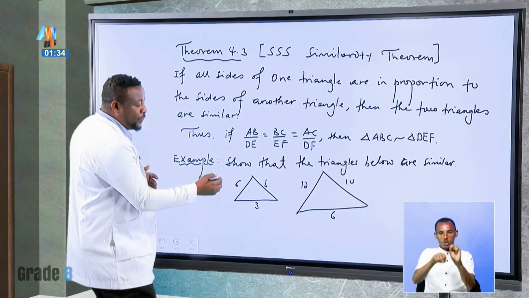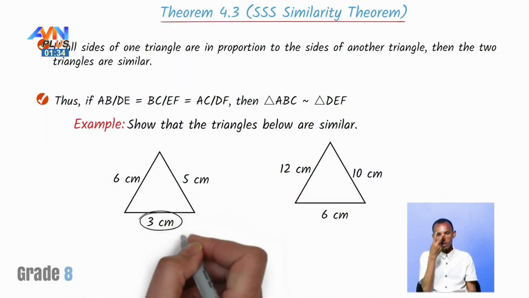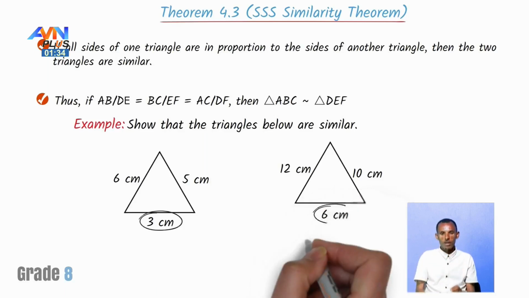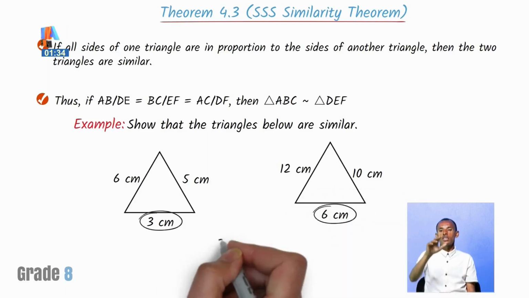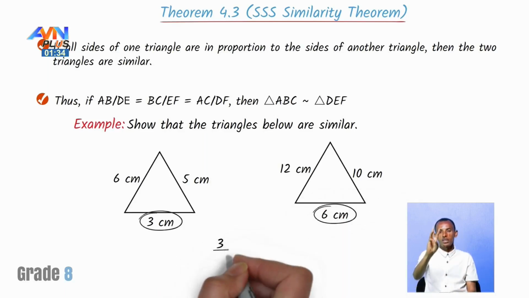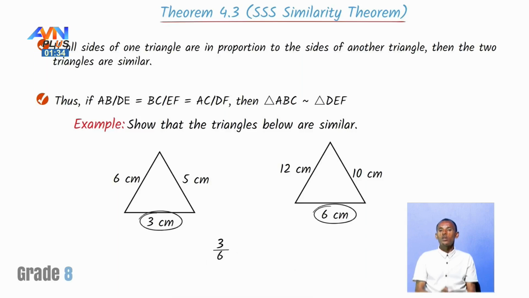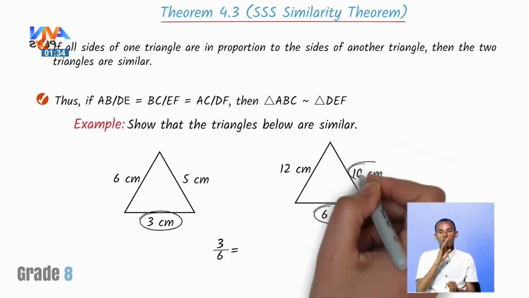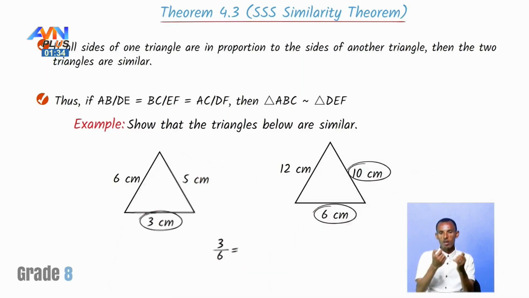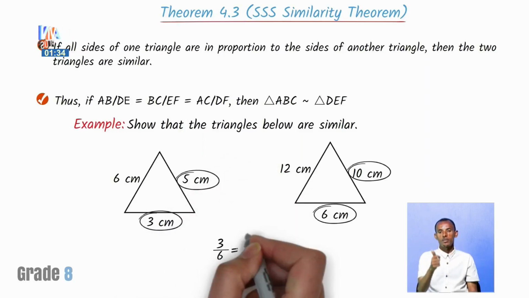So if you take this number by this, 3/6, the second ratio, you compare these two, okay? If you take this over this, you need to take this over this, okay?